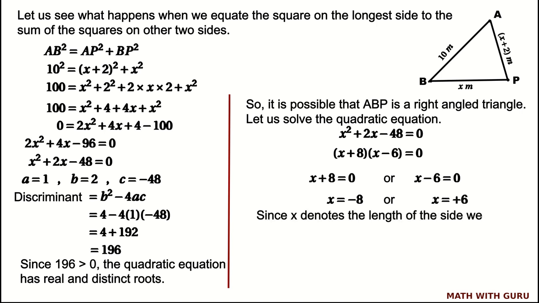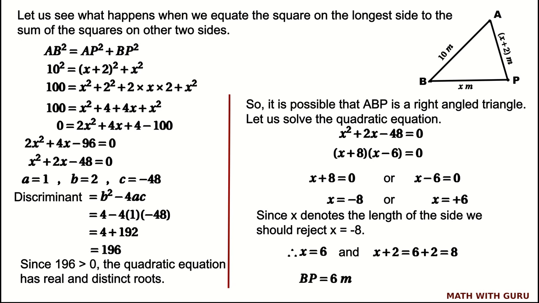Since x denotes the length of the side, we should reject x equals minus 8. Therefore, x equals 6 and x plus 2 equals 6 plus 2, which is 8. BP is 6 meters, AP is 8 meters.